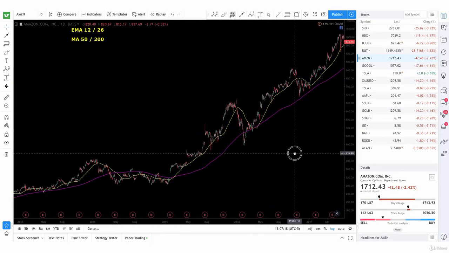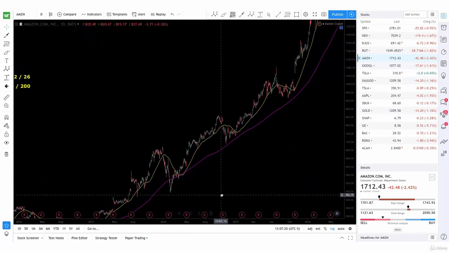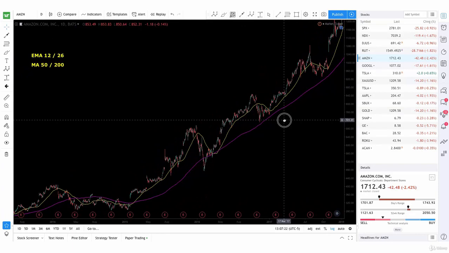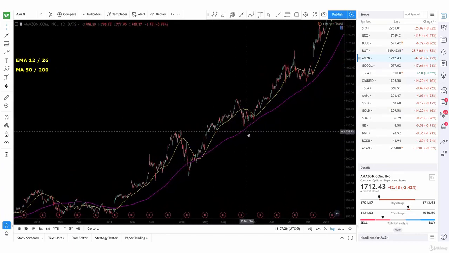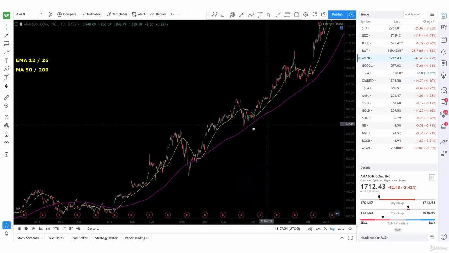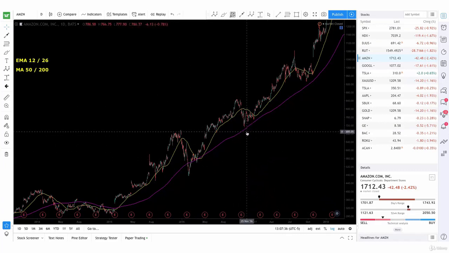Okay. Now, if you look at this here, since the price is over it, you want to look for it as a support. Okay, it's a support line, the 200 moving average. So here it works as support.